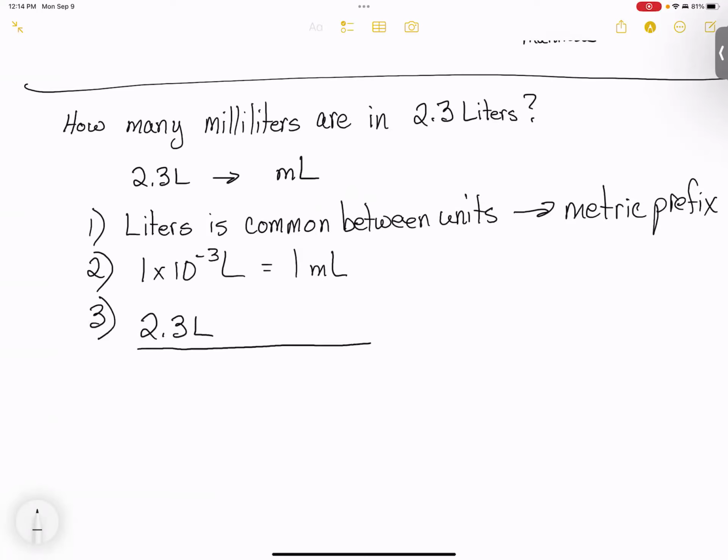Because I started out with 2.3 liters, it means that the liters need to be in the denominator so that the unit cancels. So I'm going to put the 1 times 10 to the minus 3 liters in the denominator to make sure my unit is canceling out, which will leave the other half of the equality in the numerator. When you key this into the calculator, you'll get 2,300 milliliters.